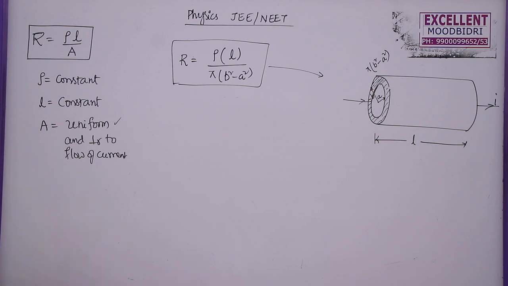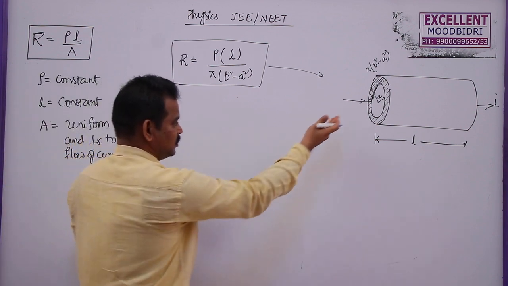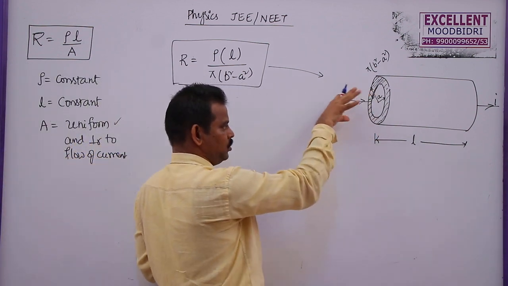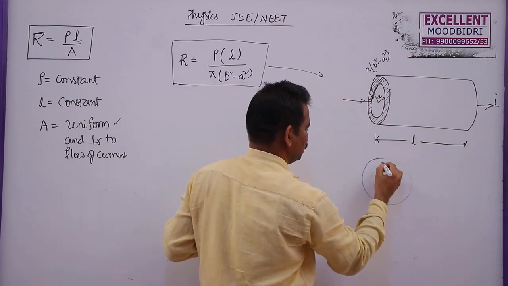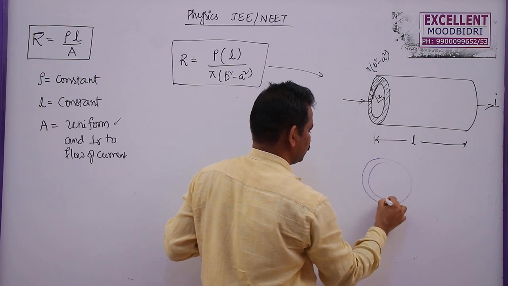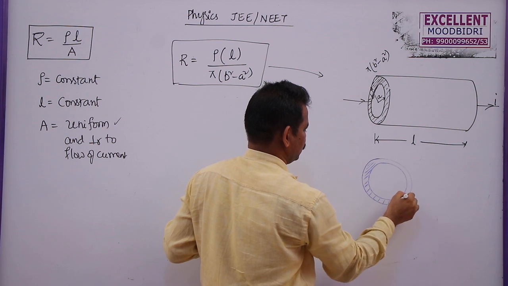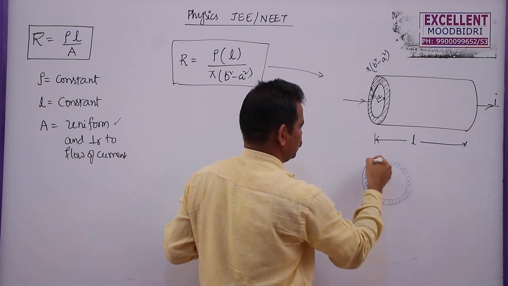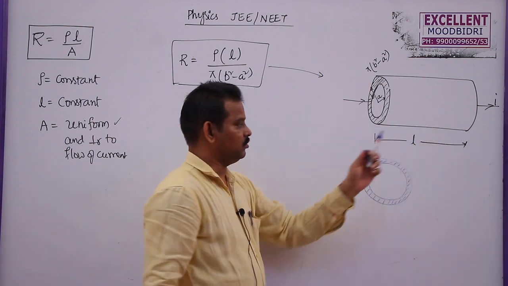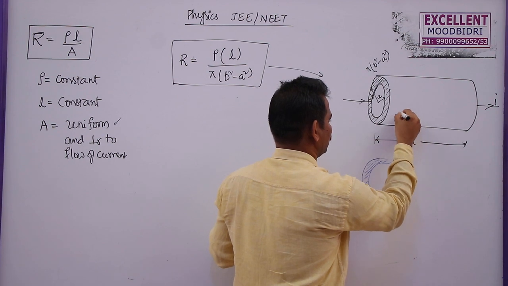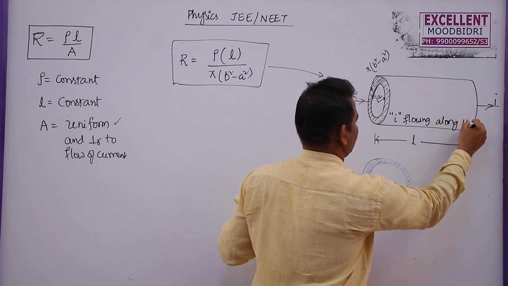Suppose we consider one more case, the same conductor, but I am taking only the cross section here. So this is the cross section. In the earlier case, current is flowing along the length of the conductor.